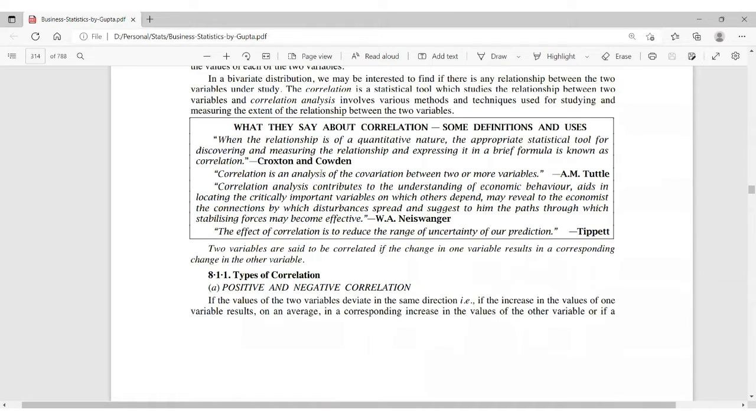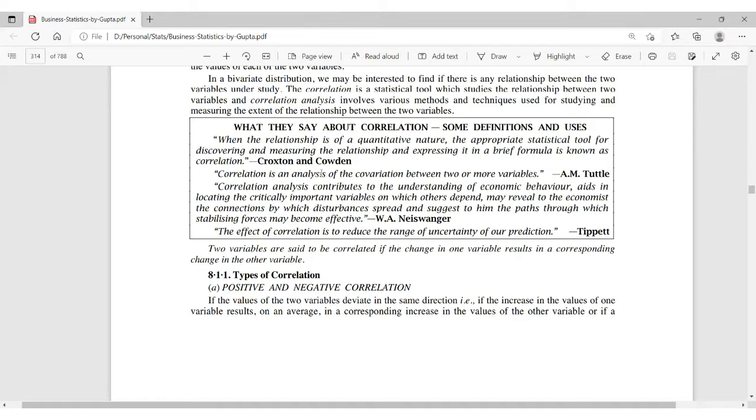So correlation is an analysis of the variation between two or more variables. Correlation analysis contributes to understanding of economic behavior, and aids in locating the critically important variable on which others depend. See, what is it? Correlation is the relation between the two variables.